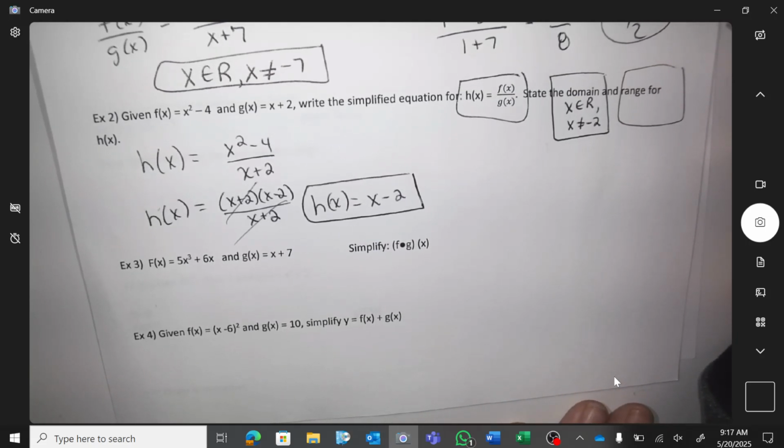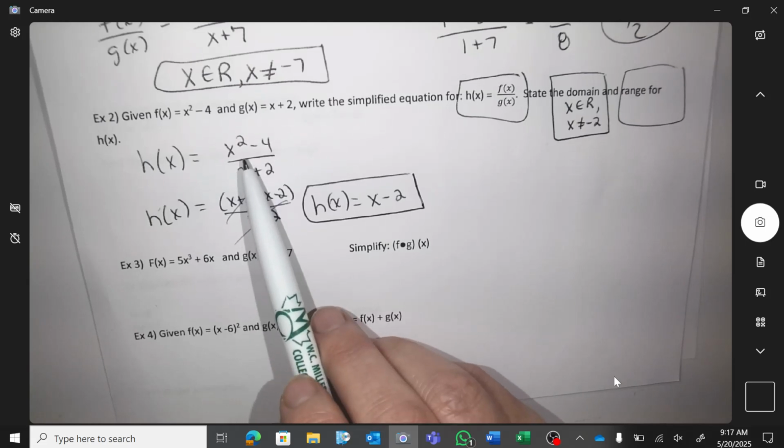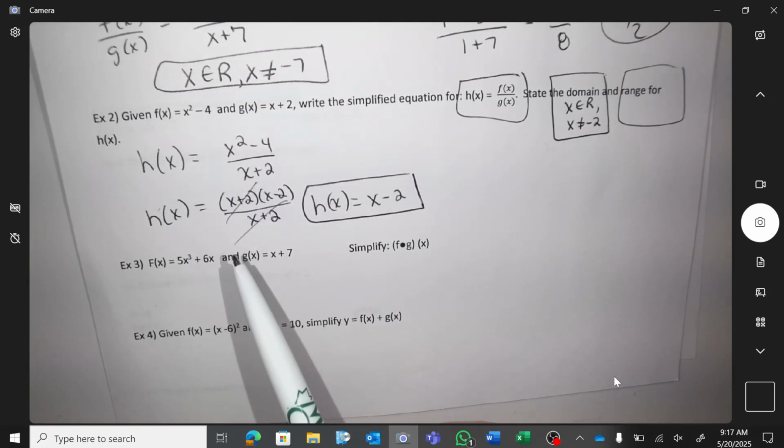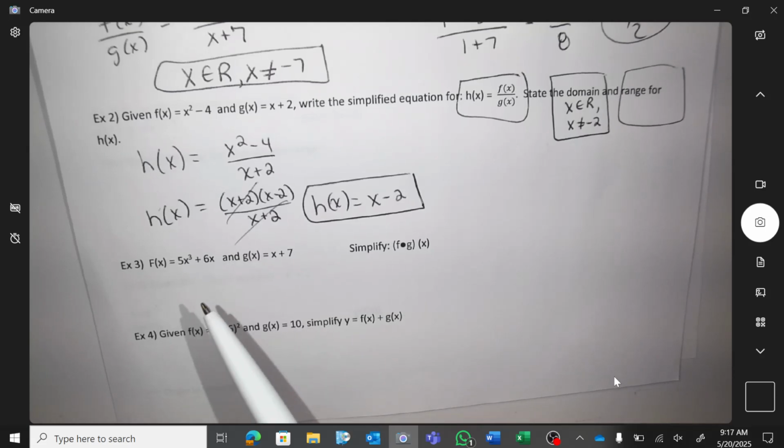Range. Do you remember the rule for range? It's all about the degrees. Do you remember this one? If they're equal, it's top divided by bottom. The bottom's bigger. Yeah. I think it's 0. Then if the top is bigger, then it's nothing.